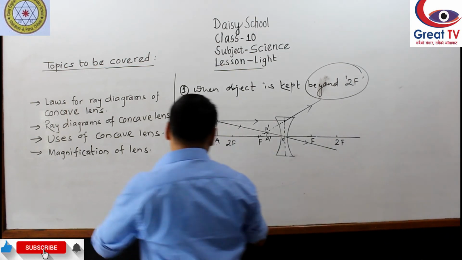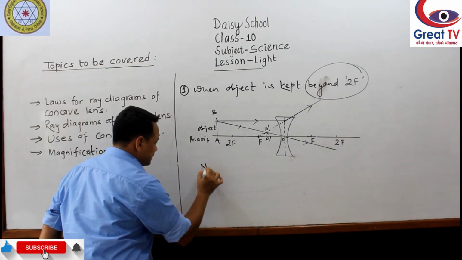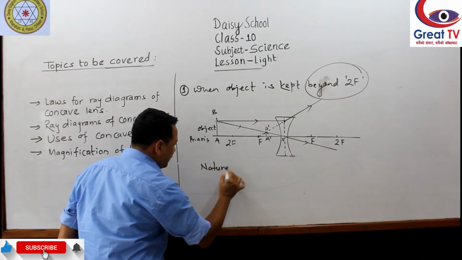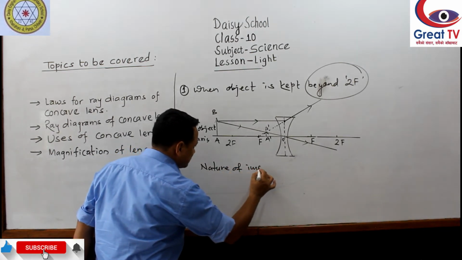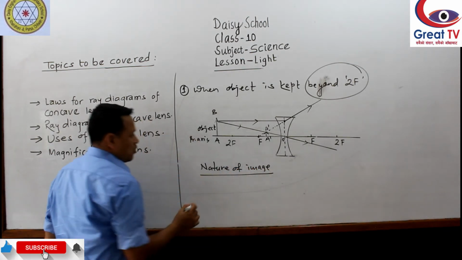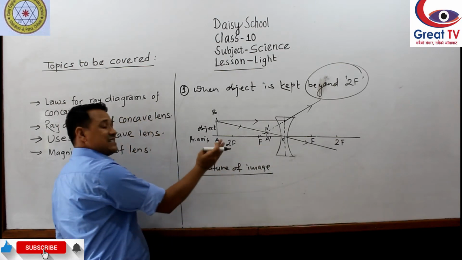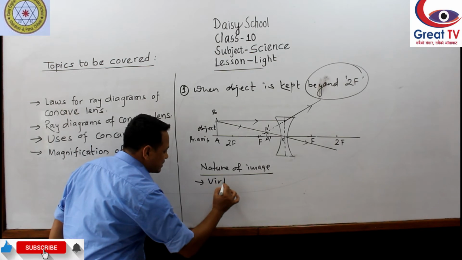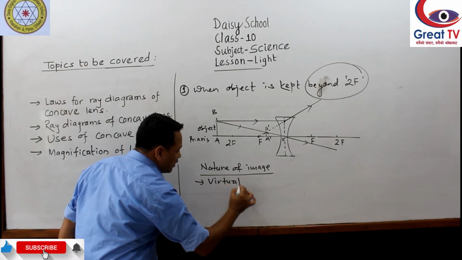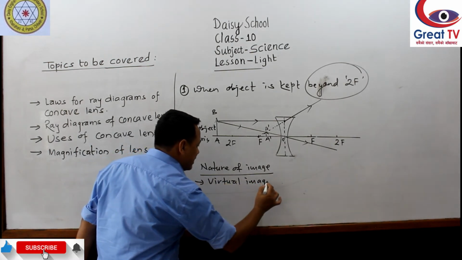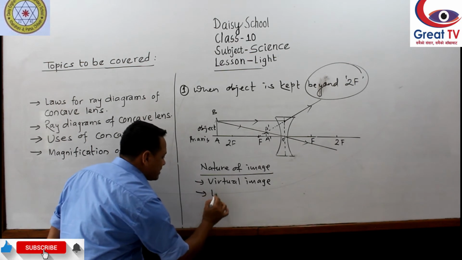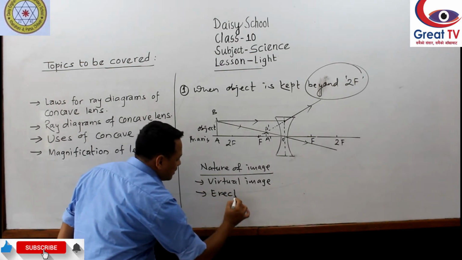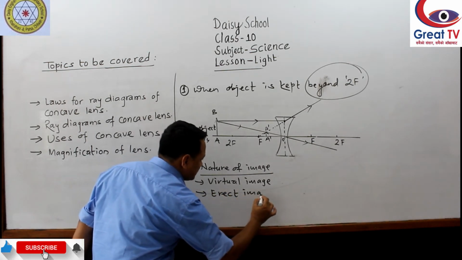Now we are going to write the nature of image. So both object and image are on the same side of the lens, so it is a virtual image. Virtual image is always an erect image.